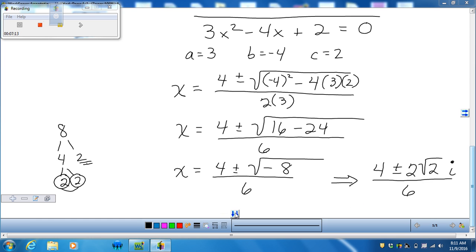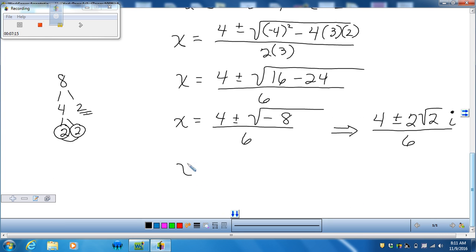Almost done. My last step is to now separate it and then reduce it. So I've got 4 plus 2 radical 2 i over 6, and 4 minus 2 radical 2 i over 6.